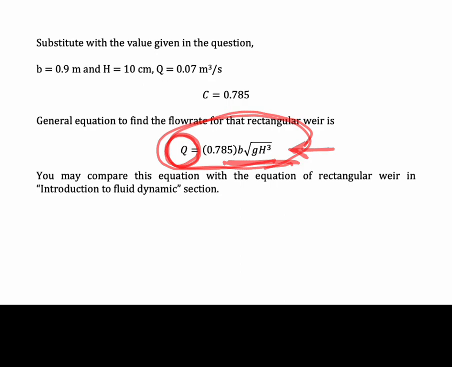Maybe the value is slightly different, because we get this value from the experimental work, from the data given in the question, but the value that we get from the Bernoulli equation is actually the ideal case. Ideal means there is no friction at all.